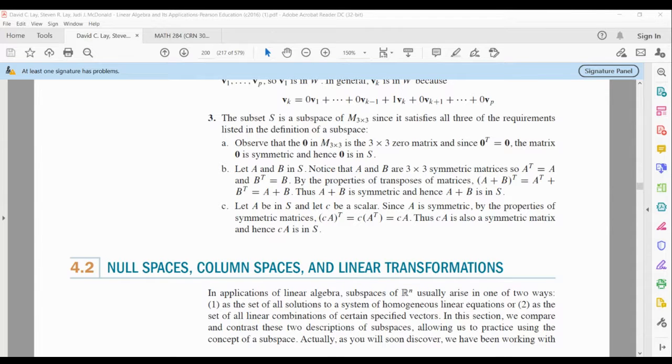And of course, if you have the span of a set of vectors, then any space that can be expressed as a span of a collection of vectors would be a subspace.